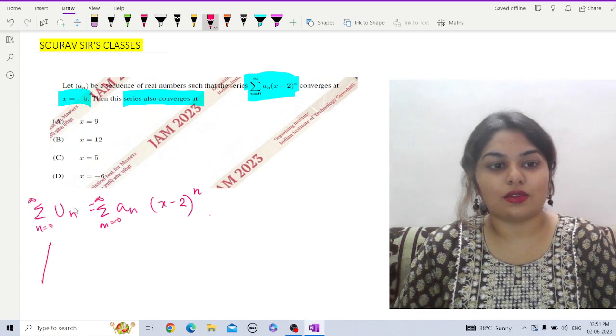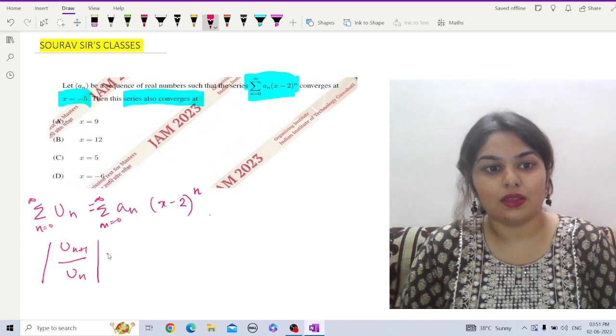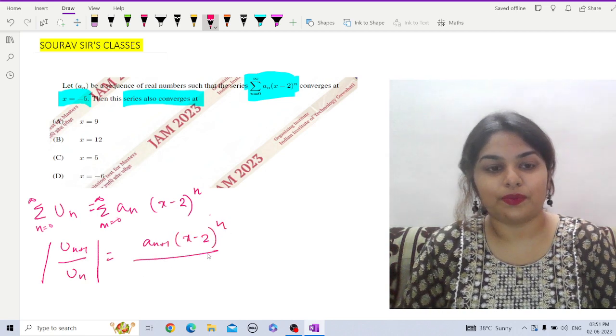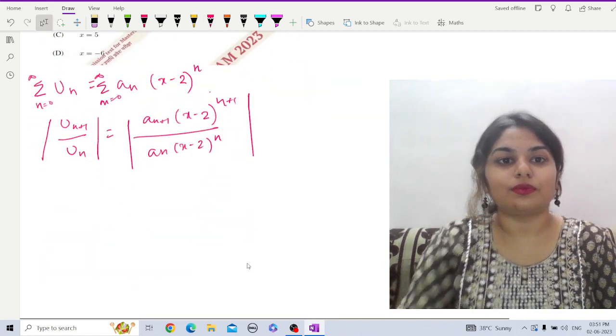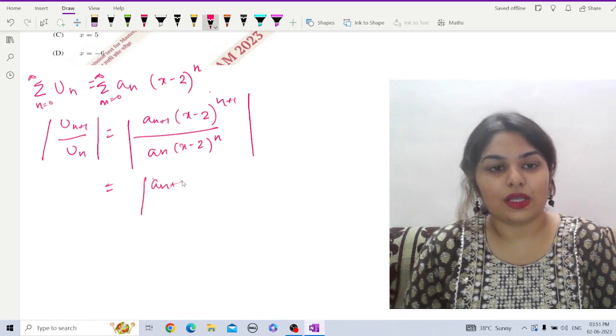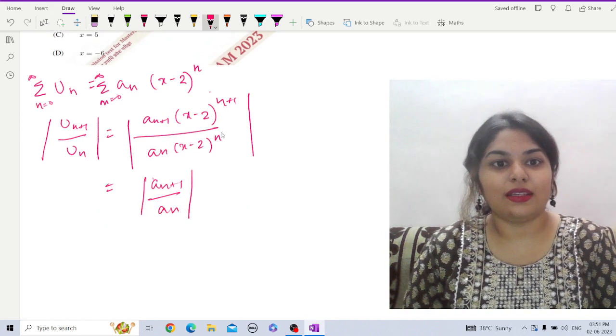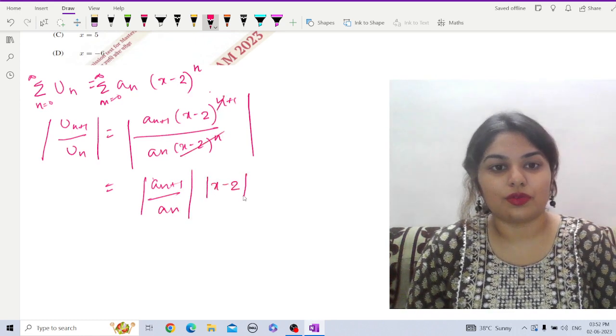Okay, now for convergence we know that mod of u_(n+1) by u_n is equal to a_(n+1) (x minus 2) to the power n plus 1 by a_n (x minus 2) to the power n, mod value, right? So this equals mod of a_(n+1) by a_n, and the (x minus 2) to the power n gets cancelled, so we have mod of x minus 2, right?